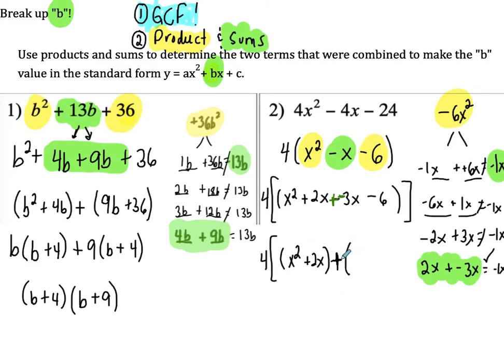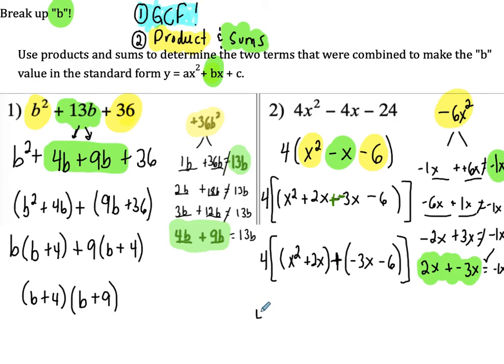So now I've got adding a negative 3x minus 6. That makes sure that I don't have to think about distributing the minus sign in a way that would be complicated. So just make it an addition problem, and things will work out with signs much simpler.